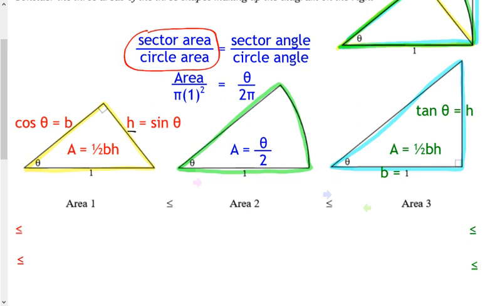And that fraction will have to equal the size of this sector angle theta compared to the central angle for a full circle, which is 360 degrees, or 2 pi radians. So I've set this up with radians. Area of a full circle is pi r squared, but my radius is 1. So it's just pi times 1 squared. So I have this equation giving me the relationship between area and theta, and the pi's will cancel out, and I end up with area is equal to theta over 2.